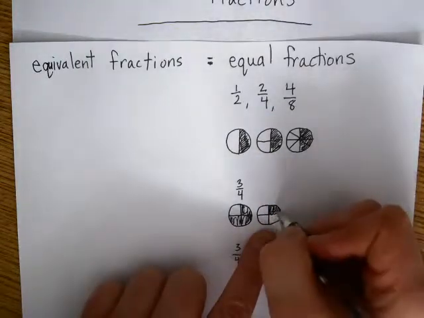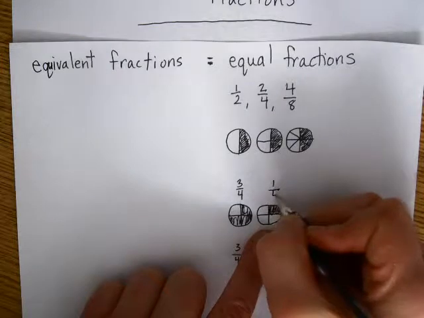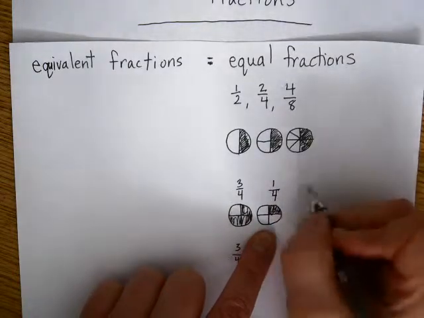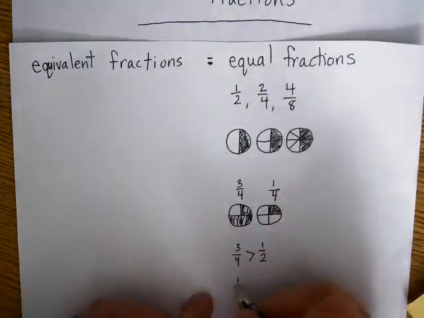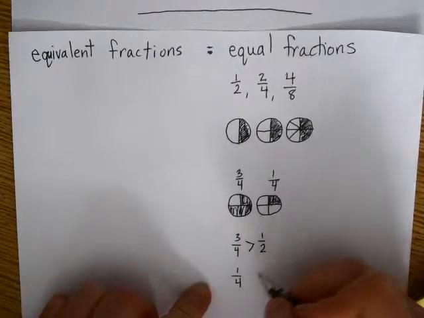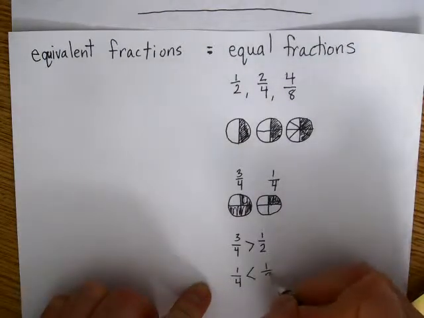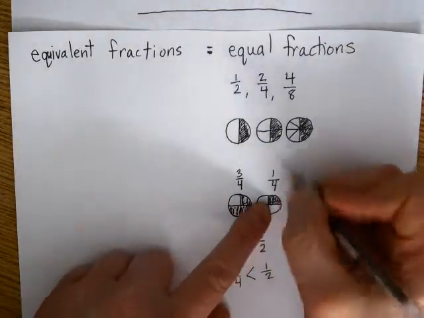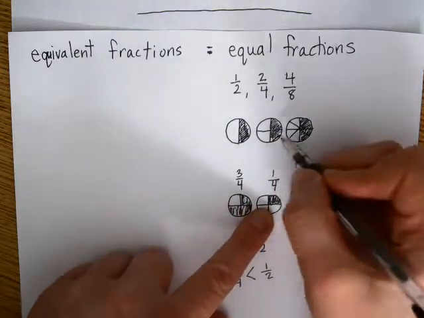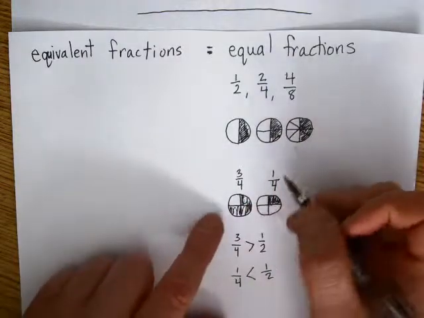And we want them to say, well, I know this is 1 out of 4, or 1/4, and I know that 1/4 is going to be less than 1/2, because I can easily see by the number of parts shaded that this much is less than that much.